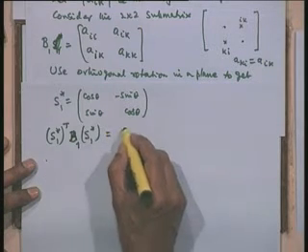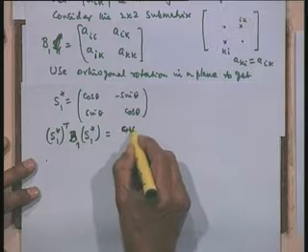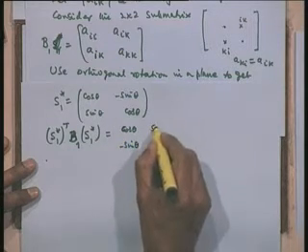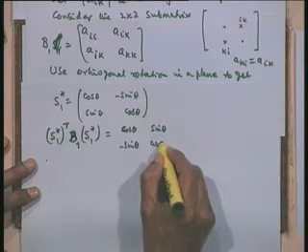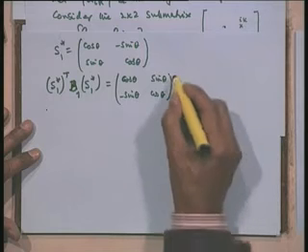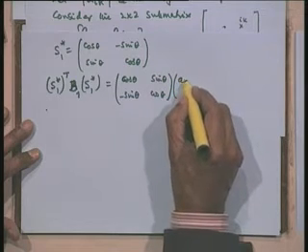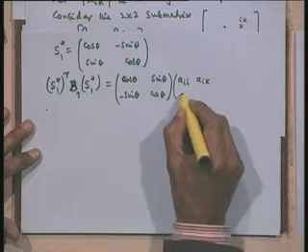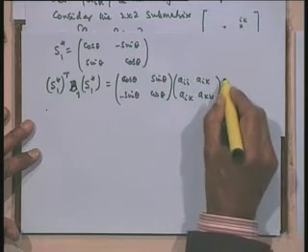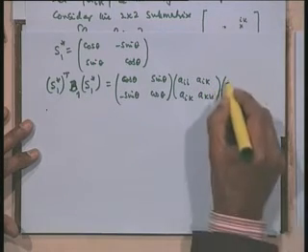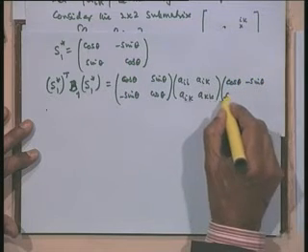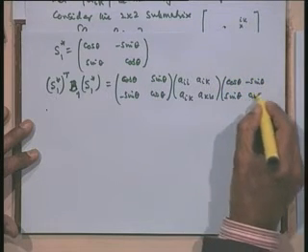Now, this will be cos of theta, I am taking the transpose of this, minus sin of theta, sin of theta, cos of theta, that is the transpose of this matrix, multiplied by B1, which is Aii, Aik, Aik, Akk, into S1 star, cos theta, minus sin theta, sin theta, cos theta.